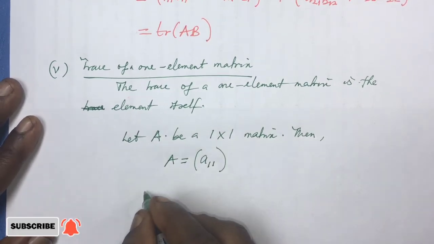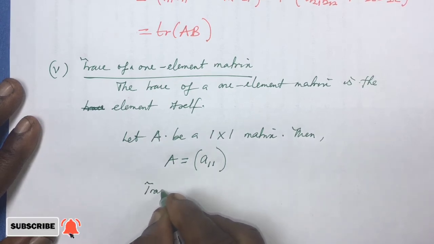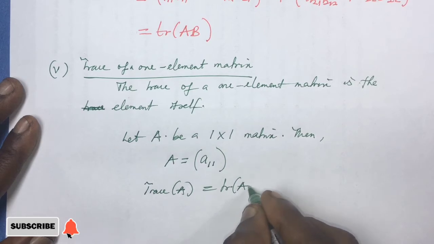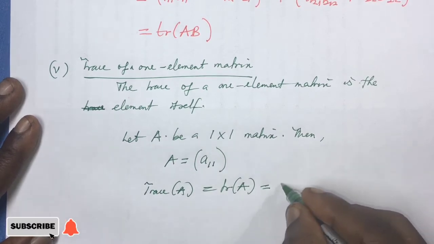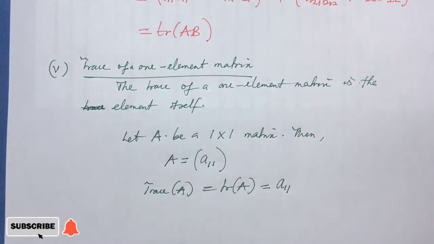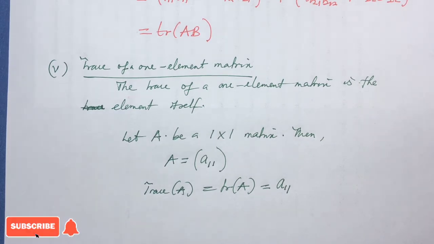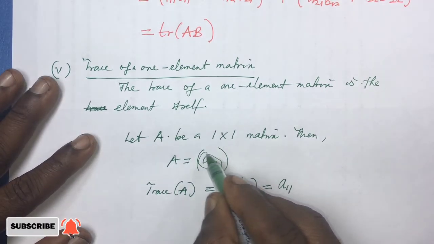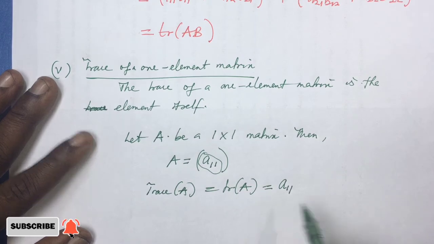Now what is the trace of A? The trace of A, written as TrA, will be equal to A11 itself, and that proves it. Okay, so the trace of a matrix is the sum of its diagonal elements, and the only diagonal in this matrix is this one, so this is A11.